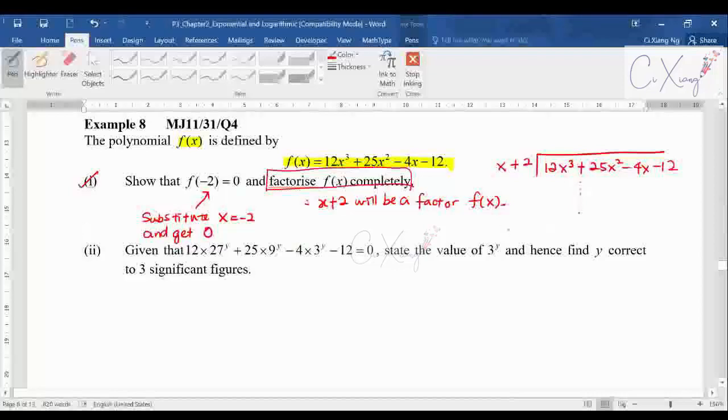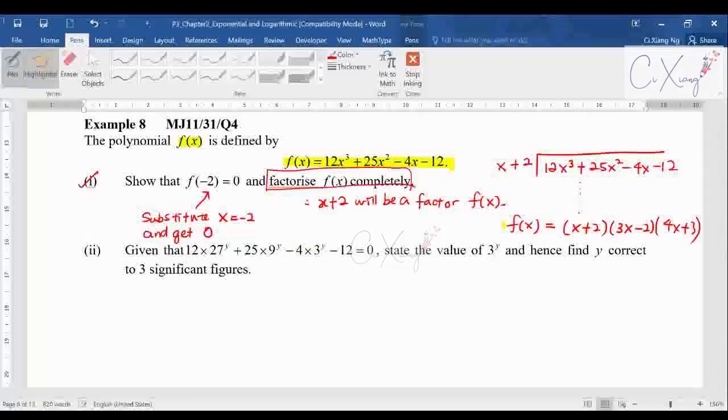After you do the long division, you try to rephrase and factorize everything into the most simplified form. Your final answer should look something like this: (x plus 2)(3x minus 2)(4x plus 3).